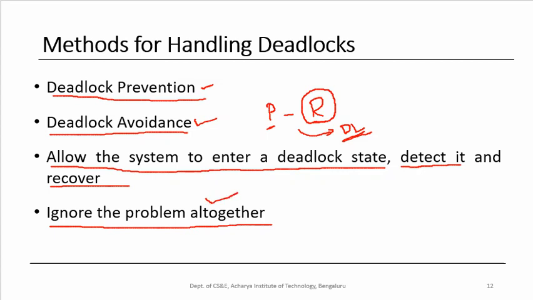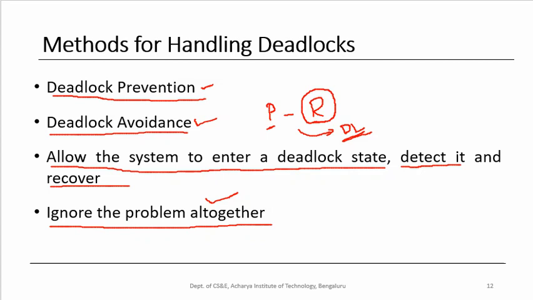Here the operating system ignores deadlocks, whereas it becomes the responsibility of the programmer to ensure that the program he has written will not lead to deadlock. If deadlock is ignored, then the performance of the system is going to deteriorate. So these are the four different approaches for handling deadlocks.